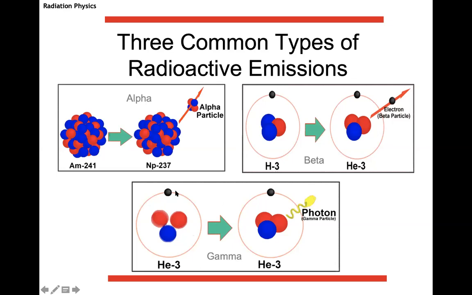Then, down in the bottom here, you can have gamma emission. In that case, you have an excited nucleus that decays into the ground state with the emission of a photon.